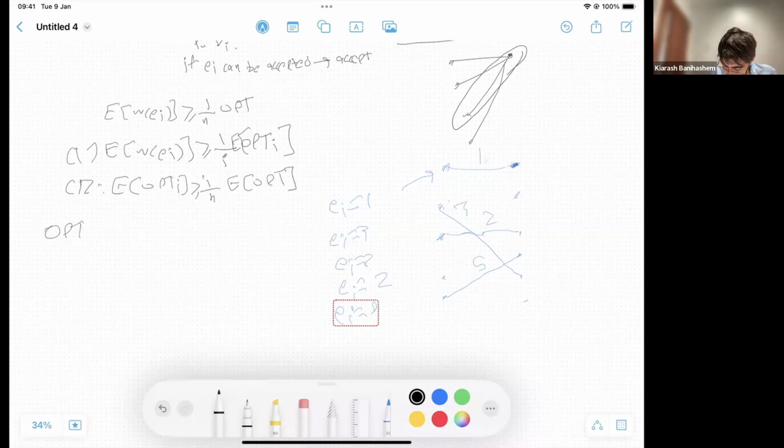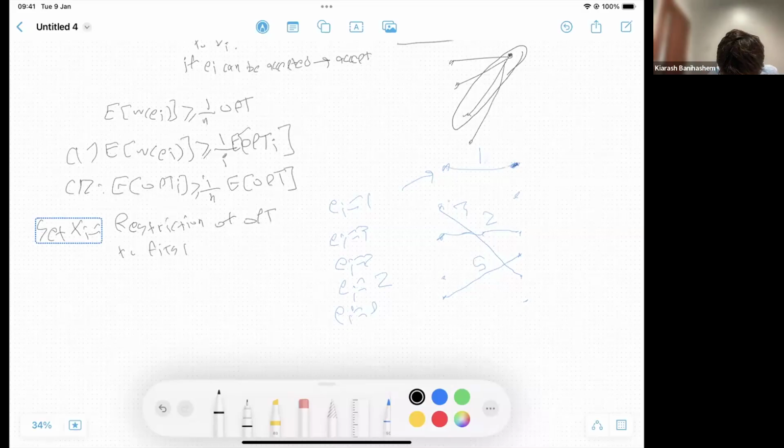consider the set, define set E, let's say xi, to be the restriction of opt to the first I vertices.